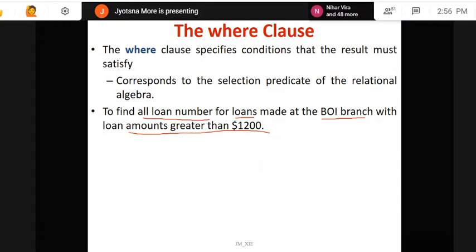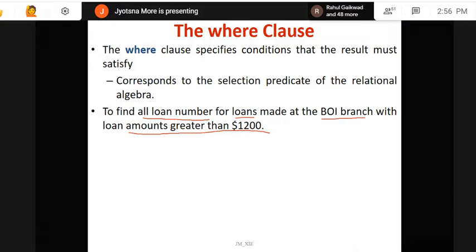So can anyone give me the query for this? I want the result for this. Select loan number from loan where amount is greater than 1,200, from BOI branch.